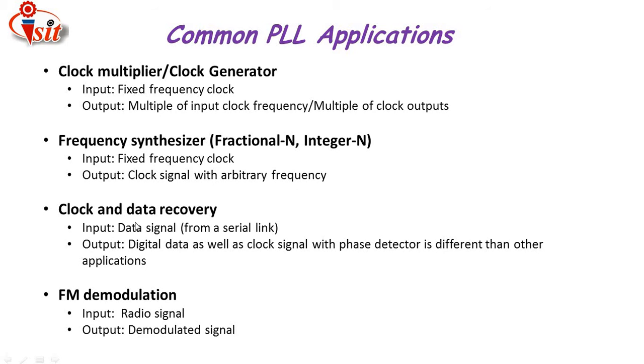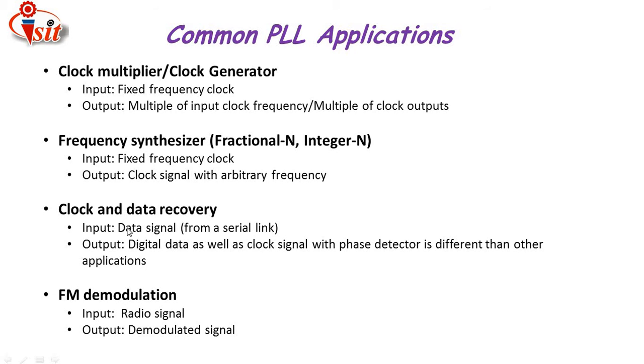Then the third application of PLL is clock and data recovery, which is one of the important applications. In that, the input signal is a data signal from a serial link, and the output is digital data as well as a clock signal, with a phase detector different from other applications. Fourth is FM demodulation, where the input signal is a radio signal, and the output is a demodulated signal.